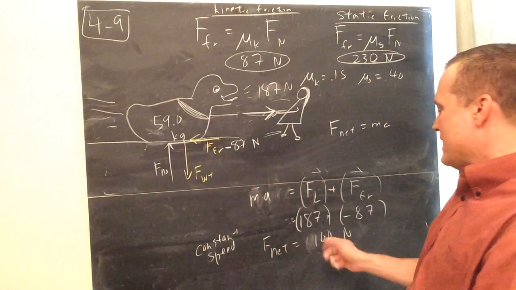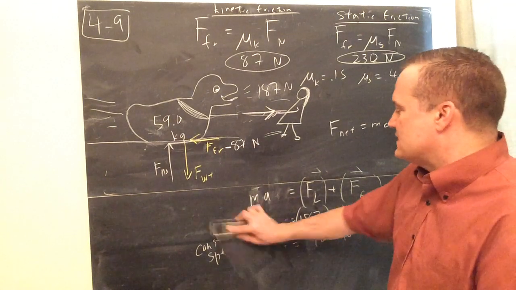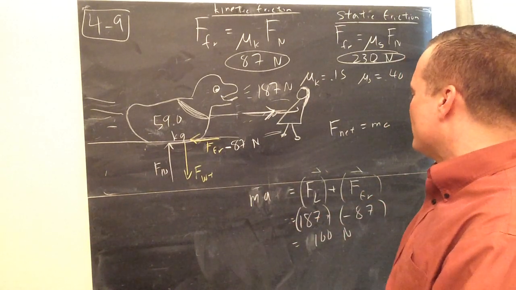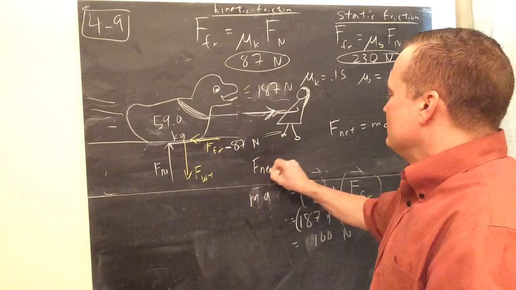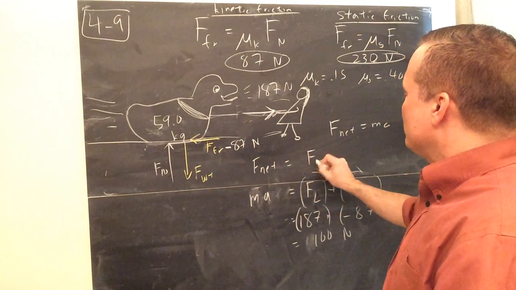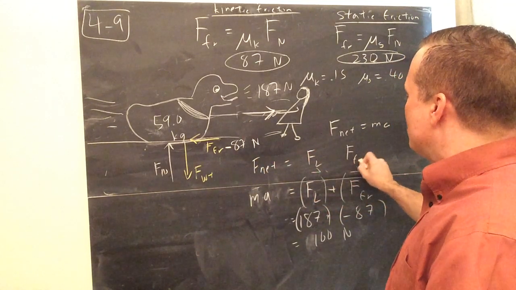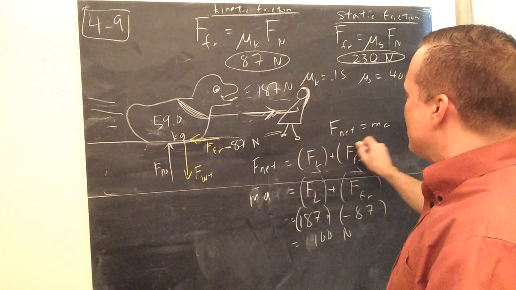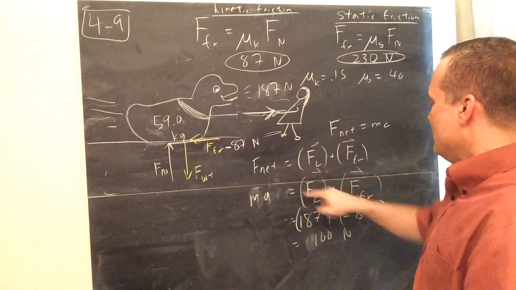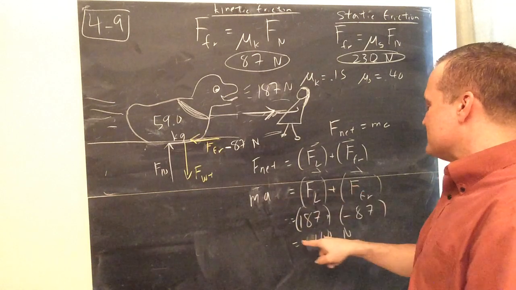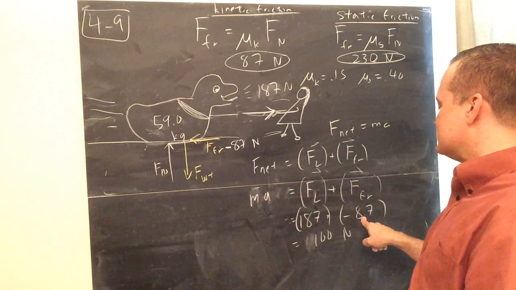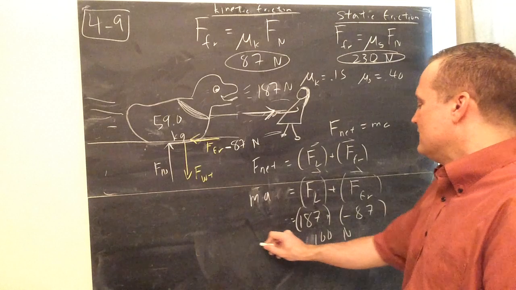So anyway, this kind of shows you how you could find the acceleration. The net force is equal to the pulling force of Lily and the friction force. You have to put in whether they're positive or negative, the vector. Then ma would be that. So if it was positive 187, 100 newtons would be the force.